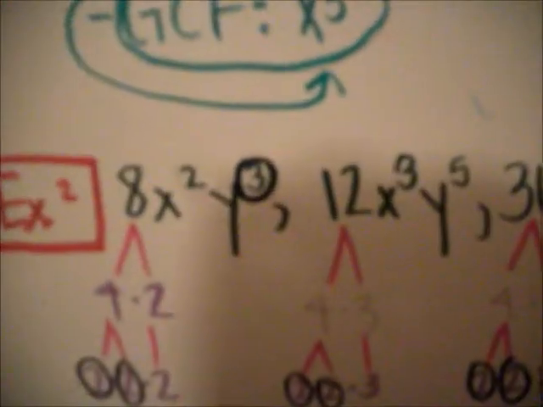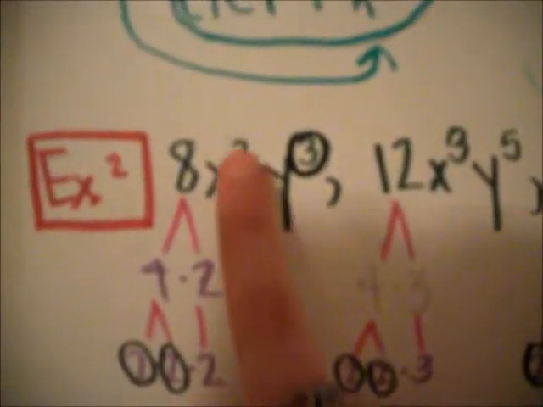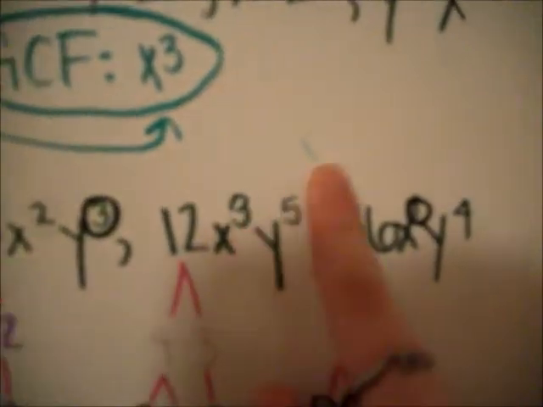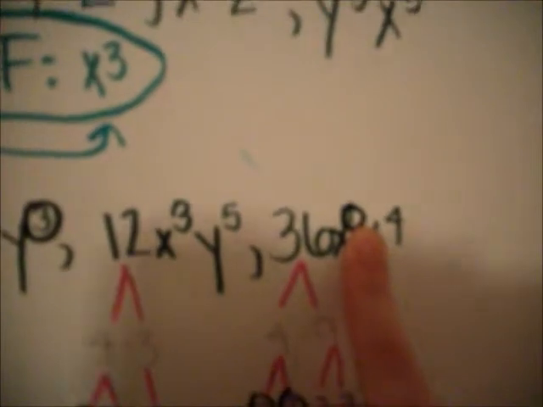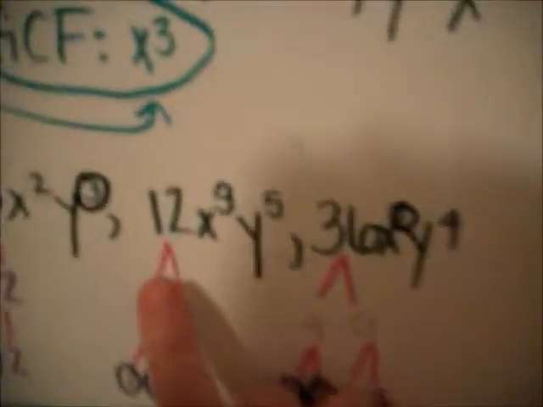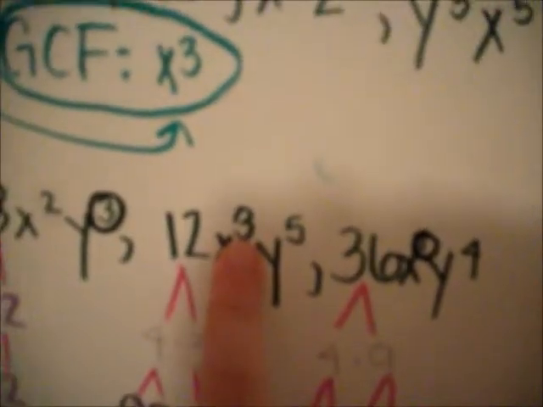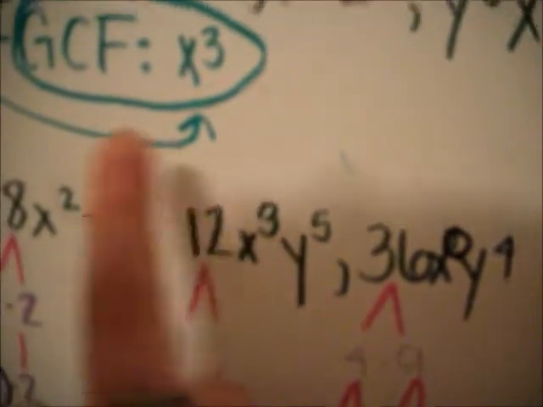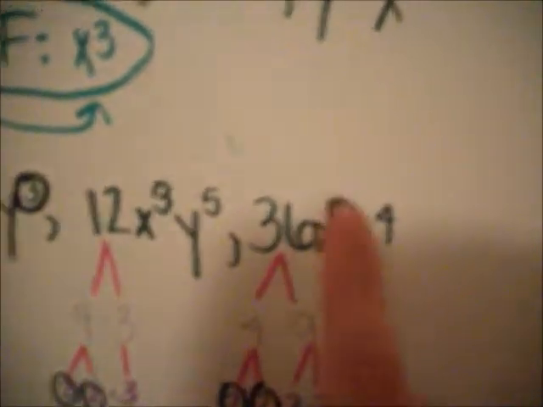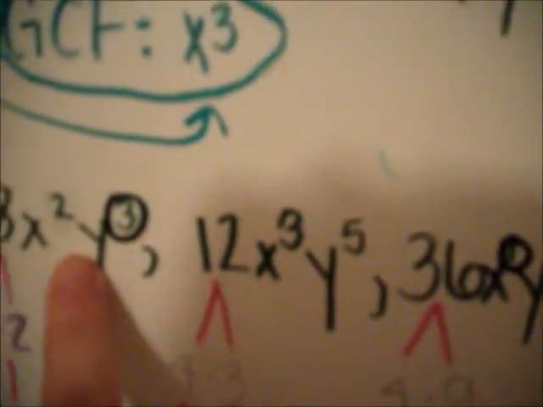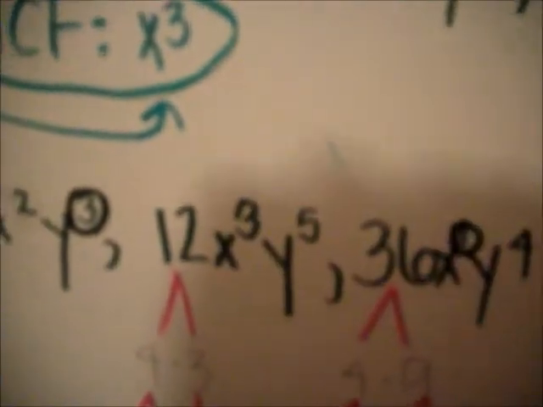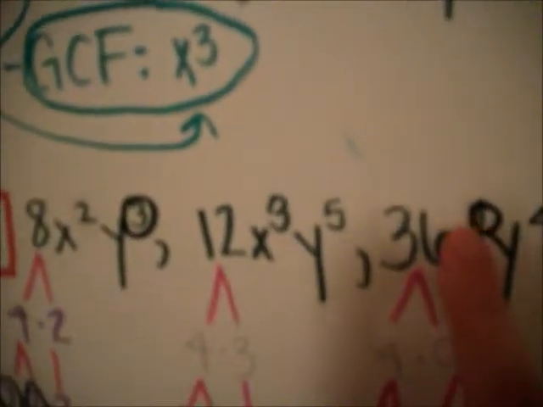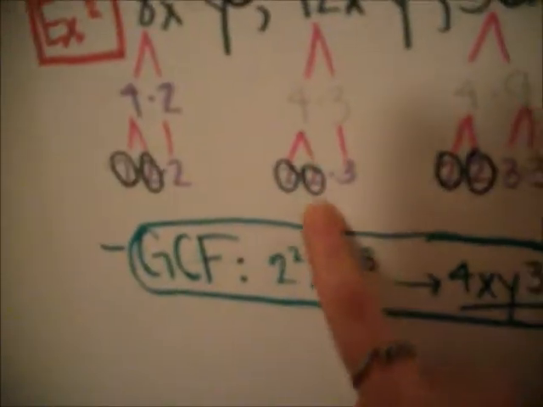So with the x's, we look and we see we have a 2, a 3, and a 1. Well, can we fit a 2 into a 3? Yes. Can we fit a 2 inside of 1? No. And neither can we put a 3 into a 2 or a 3 into a 1. So, the greatest common factor between exponents for the x is 1. So we bring that down here.